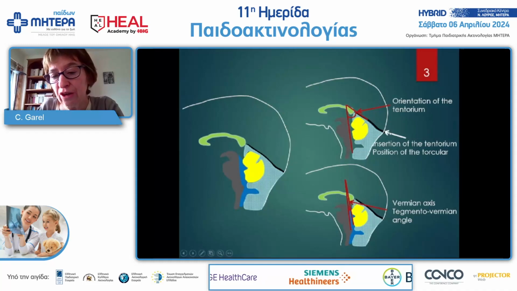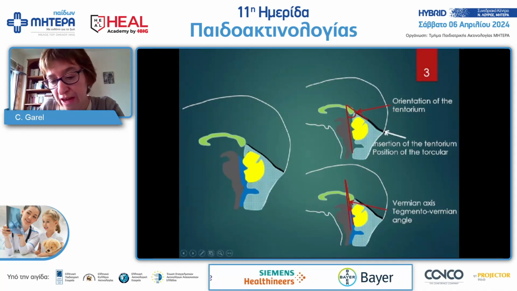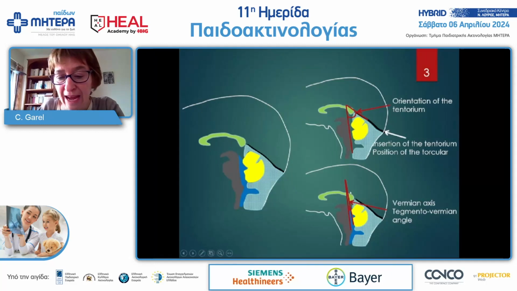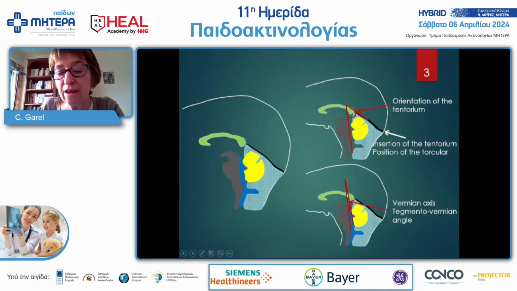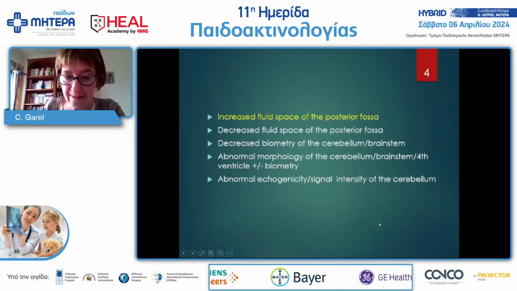The insertion of the tentorium regards the position of the torcular, the distal portion of the tentorium. The tegmental Vernian angle is defined as the angle between the tegmentum and the Vernian axis.